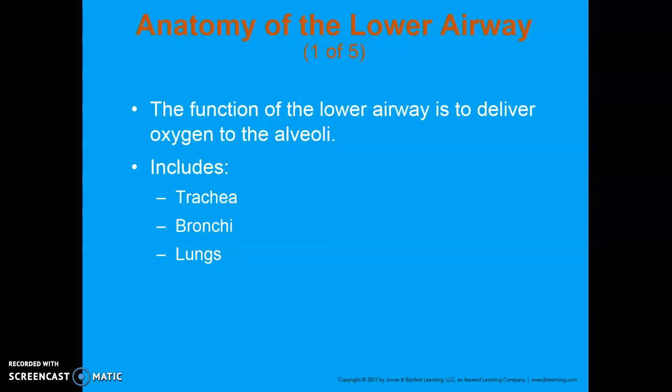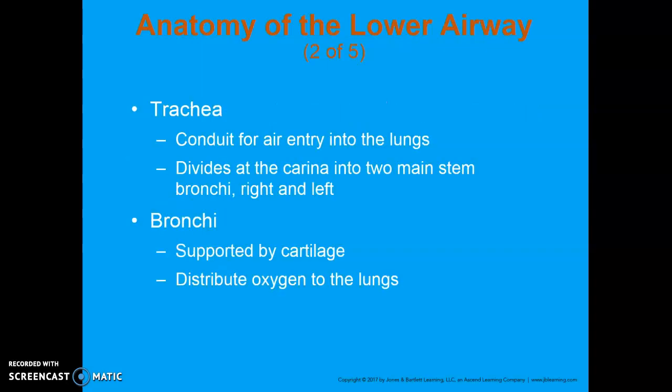The anatomy of the lower airway, this is the trachea, bronchi, and then every structure within the lungs themselves. Their whole job is to take air and then exchange it with the blood. The trachea is that main tube that comes down, divides into two different branches at the carina.